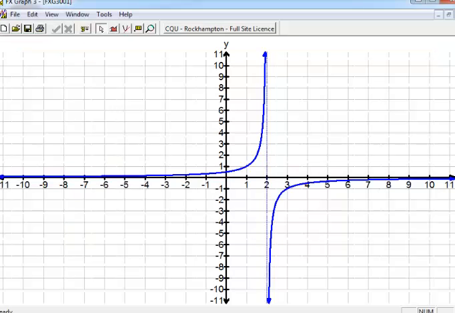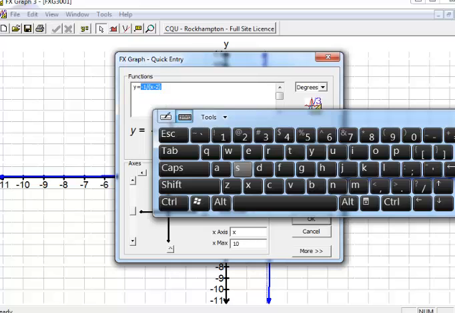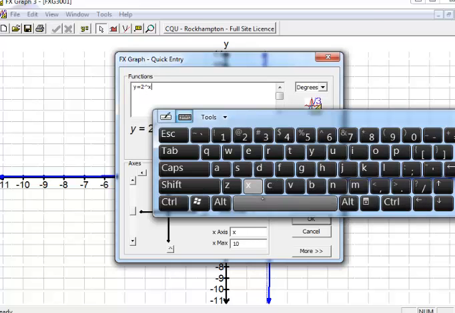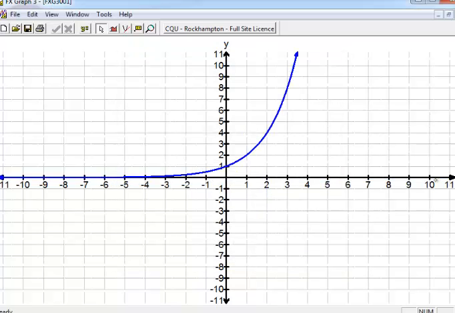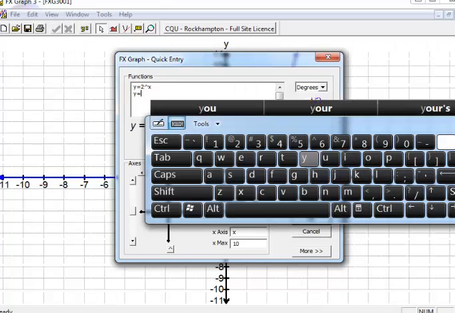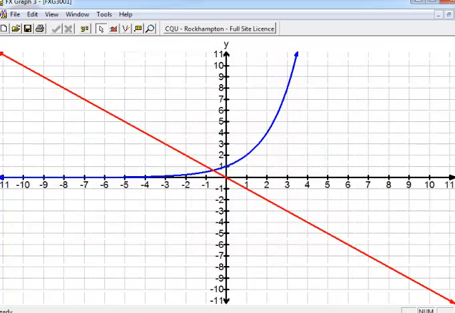So if we look at a couple of graphs of an exponential, so if I have 2 to the power of x, nice straightforward one. There's my exponential. Okay, I can move that, leave that one there. Y equals, now if I put 2 to the power of negative x, let's see what happens here.